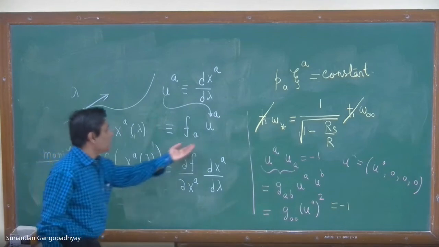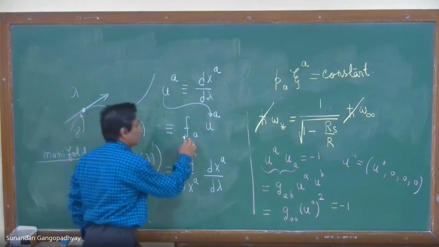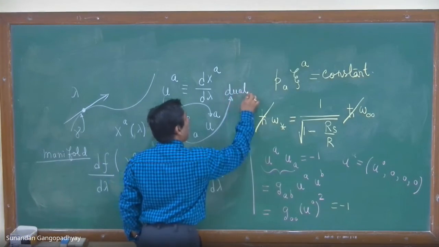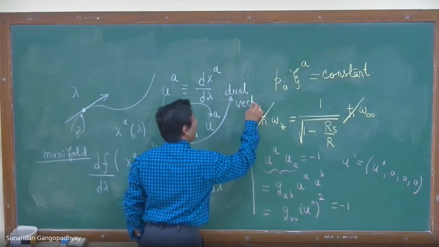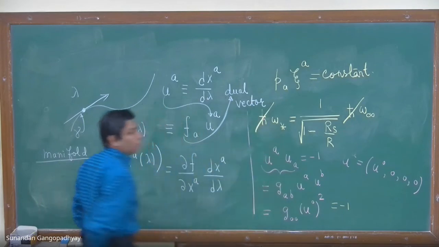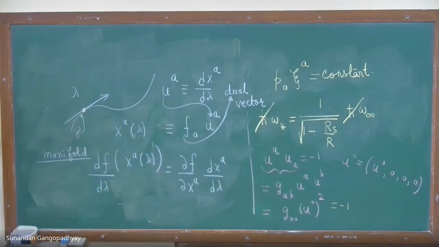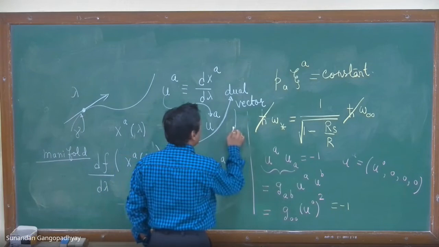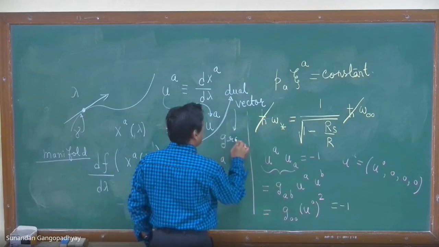And what is this? This is called a dual vector, which is basically nothing but the gradient of the function.